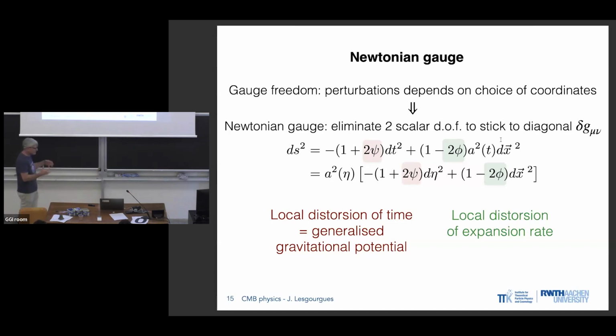Then you will not have spurious modes. And you could say, but if I stick to this choice, how do I know that my final prediction will have a universal meaning? Well, it is the case because all the observations we make are independent of mathematical choices. They are physical observations. And so you can prove that if you go all the way to the calculation of an observable, this observable will always be gauge invariant.